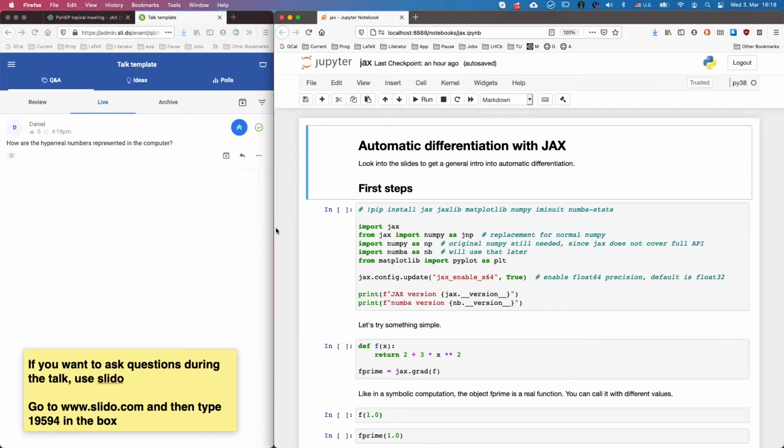How are hyperreal numbers represented in the computer? Yeah, it's basically similar to a complex number, right? A complex number is also just two real numbers that you put together in memory. And then the computer has all the rules that I just talked about implemented. So when you add two hyperreal numbers, they add the real part and they add the other part in front of the epsilon.